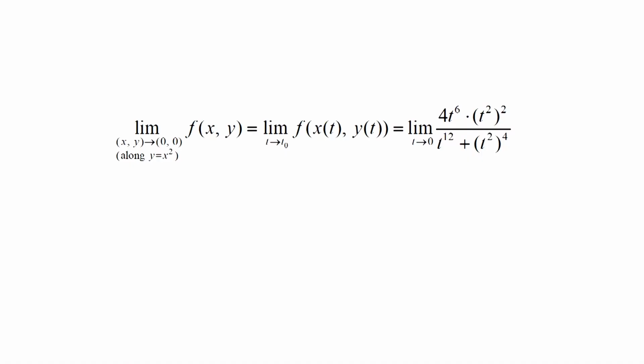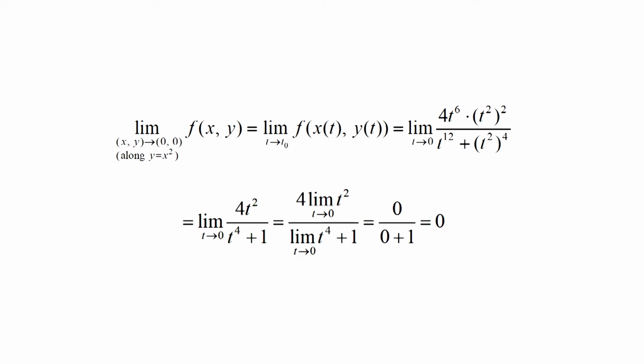So, the limit as (x, y) approaches (0, 0) along the parabola y = x² of the function f(x, y) is equal to the limit as t approaches t₀ of f(x(t), y(t)), which is equal to the limit as t approaches 0 of 4·t⁶·t² divided by t¹² plus (t²)⁴, which is equal to the limit as t tends to 0 of 4t² by t⁴ plus 1, which is equal to 4 times the limit as t tends to 0 of t² by the limit as t tends to 0 of t⁴ plus 1, which is equal to 0 by 0 plus 1, which is equal to 0.